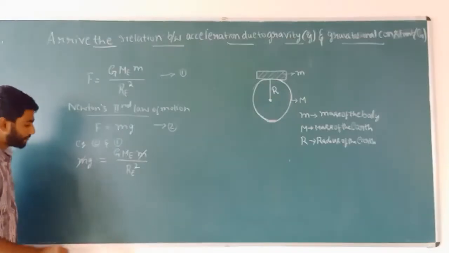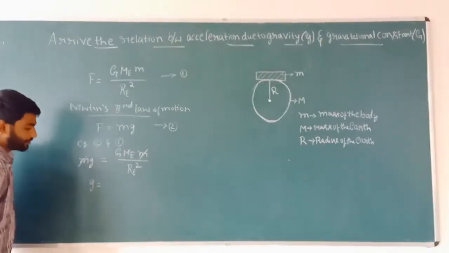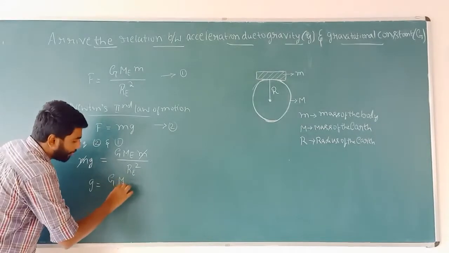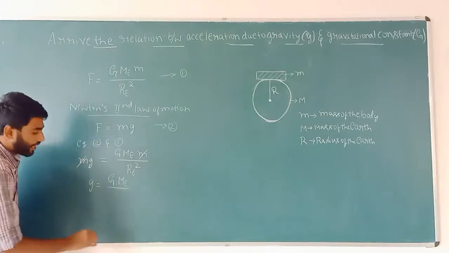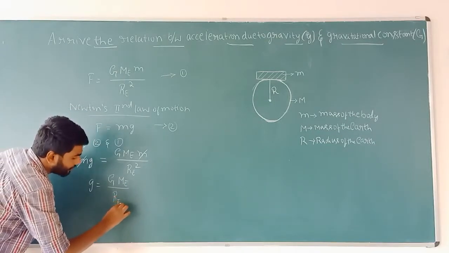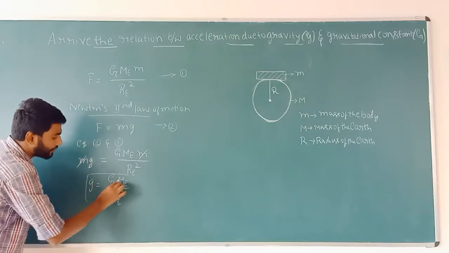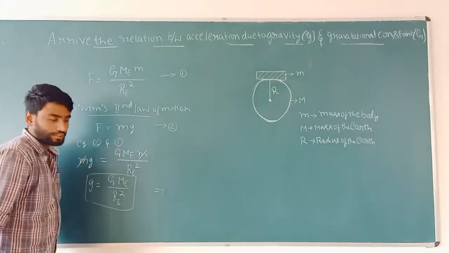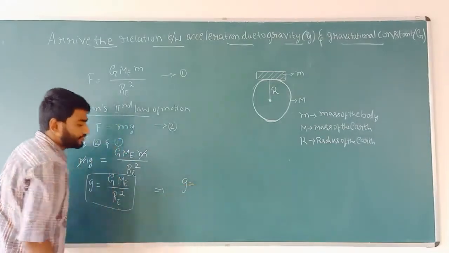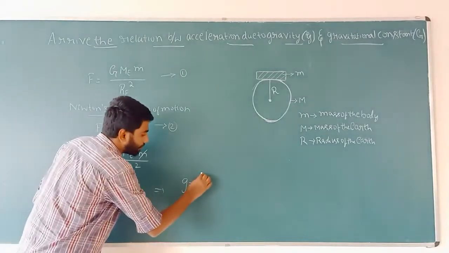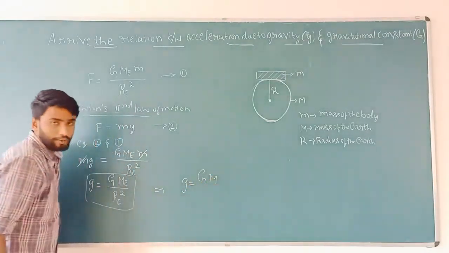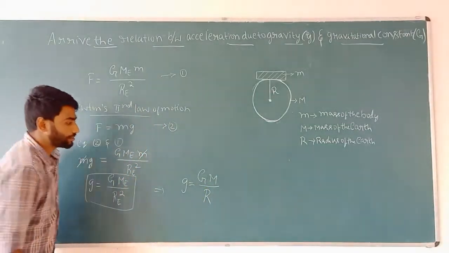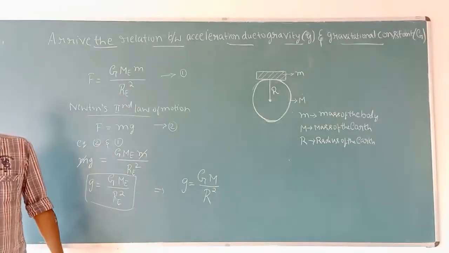So remaining, small g equals capital G m e by r e square.